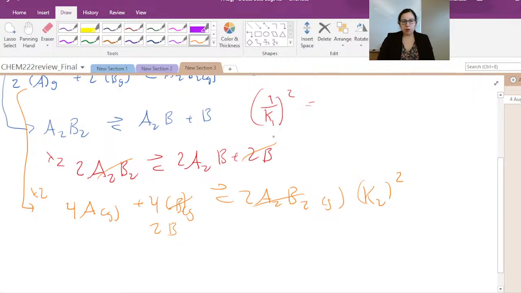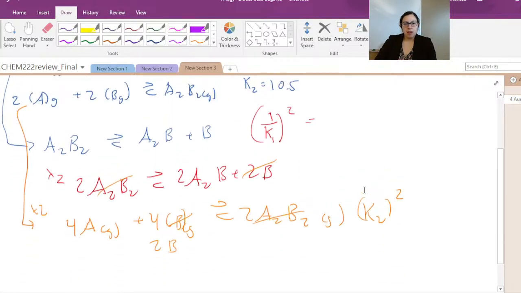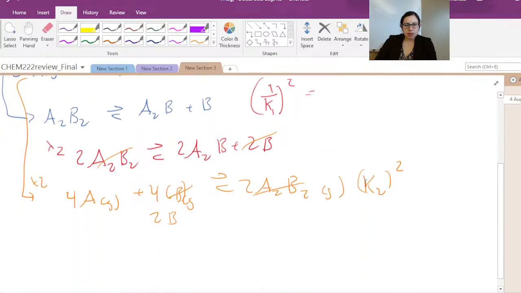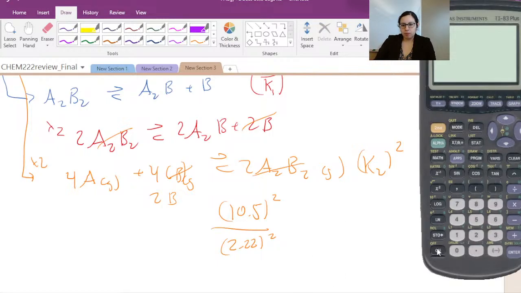So right, we flipped 1, we had to square them. And so then that gives us 10.5 squared over 2.22 squared. I got 100.